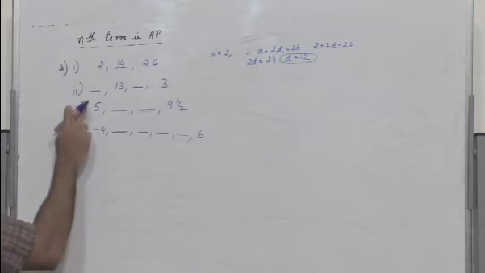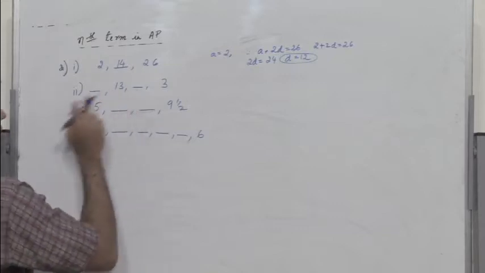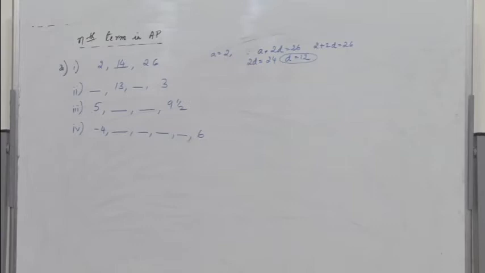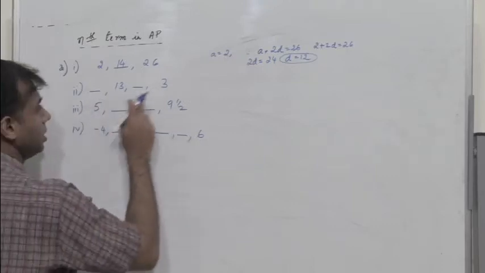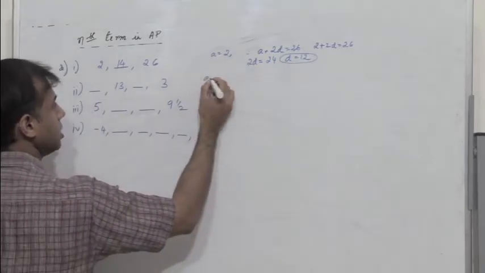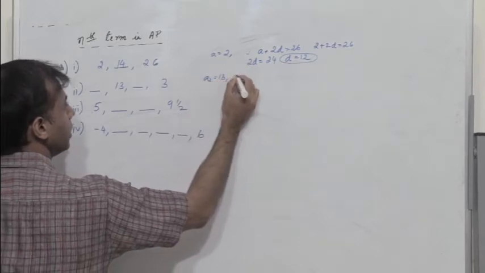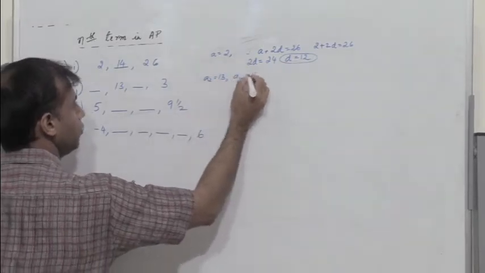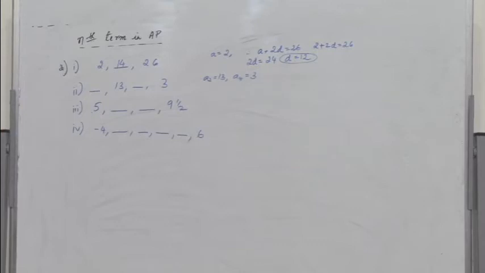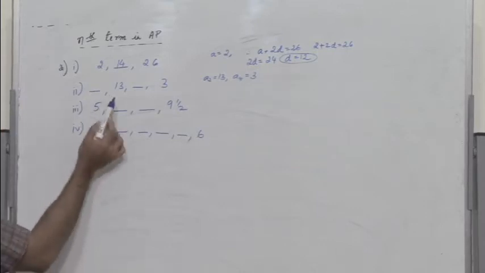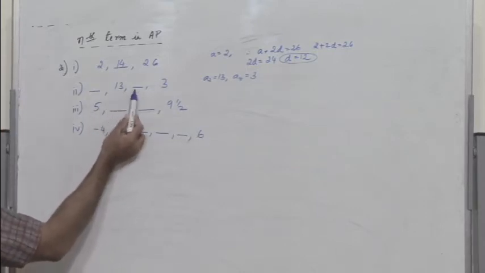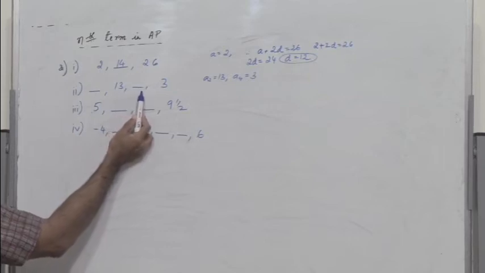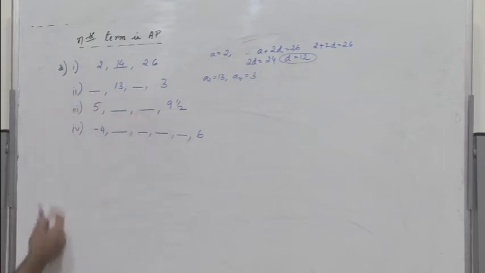The second one, the first term and the third term is unknown. So I have A3 and 3. So the second term, A2 is 13, and the fourth term, A4 is 3. Right? So here the difference between these two is D, and the difference between these two is again D here.